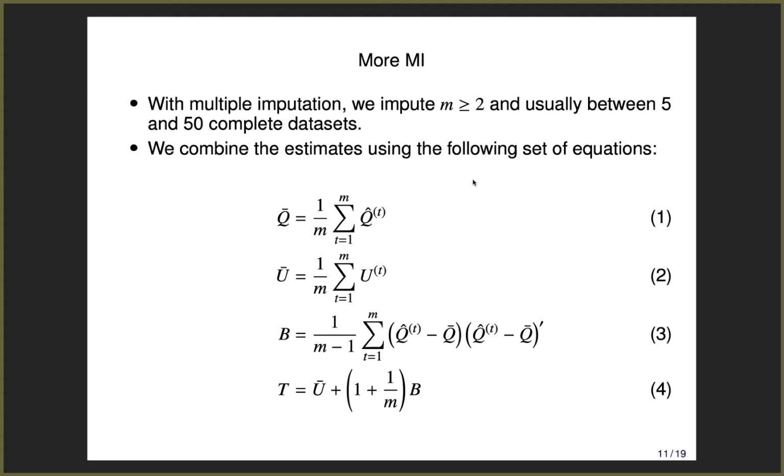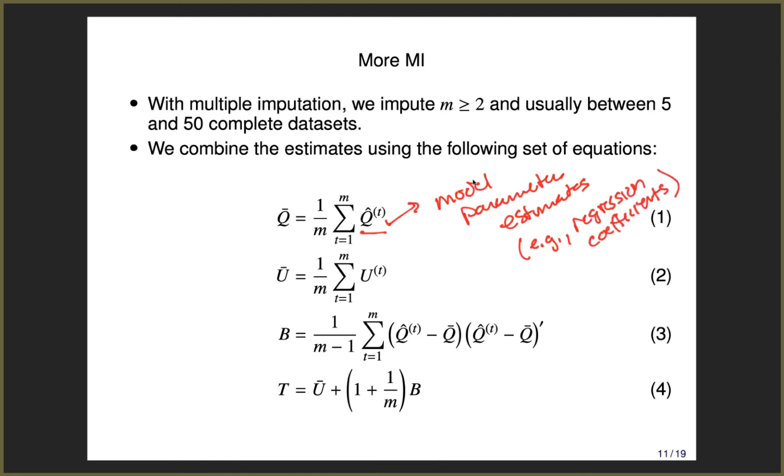Here, Q with a T superscript denotes the parameter estimates from our model. For example, those could be regression coefficients. We define Q bar simply as the average across all of the models of those coefficients.